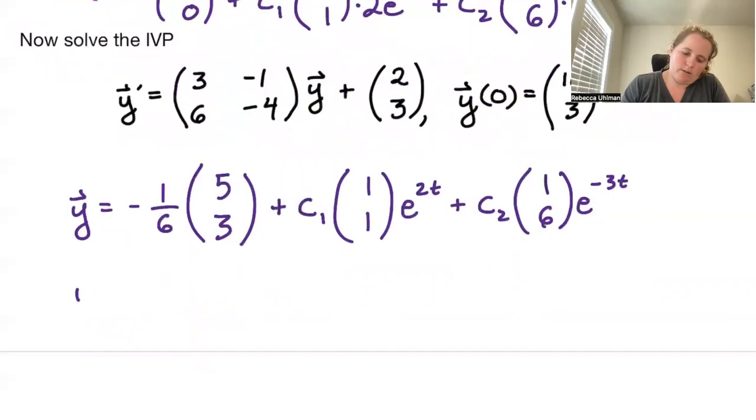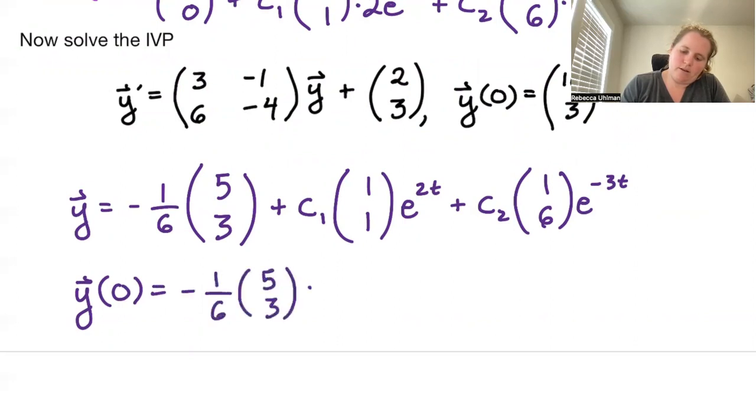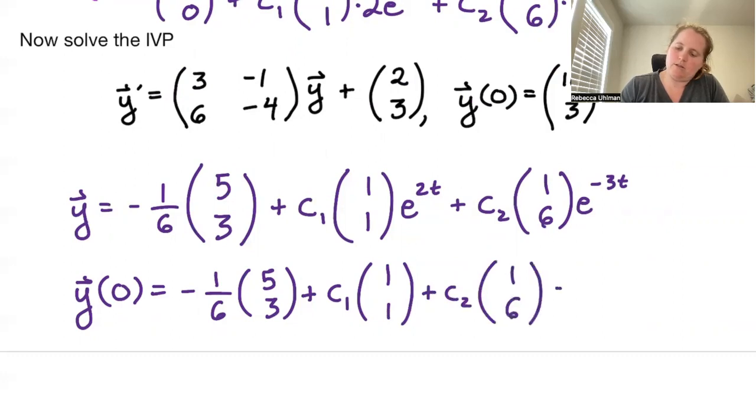And we have y of 0. Plugging that in, we would just have negative 1/6 times the vector 5, 3 plus c1 times the vector 1, 1 plus c2 times the vector 1, 6. This should be equal to the vector 10, 3.